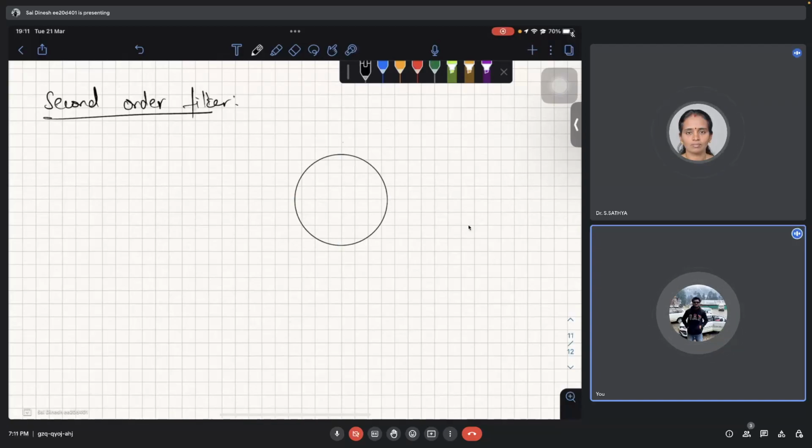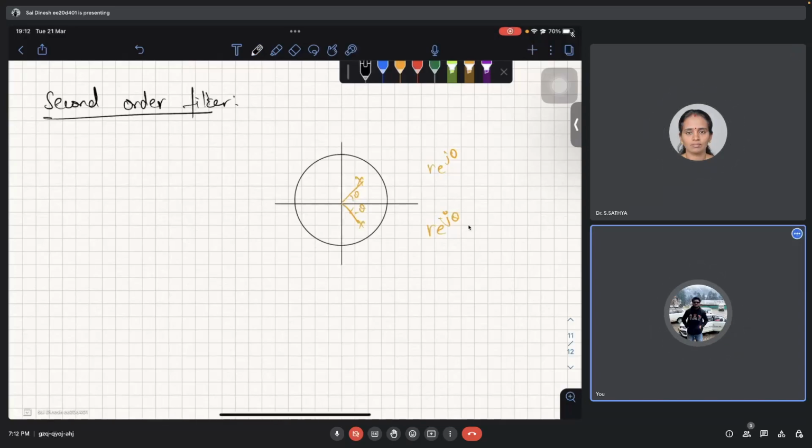Let's say we have a pole-zero plot of this sort where we have poles at r e power j theta and r e power minus j theta. So the magnitude is the same, but the angle is negated, theta and minus theta.